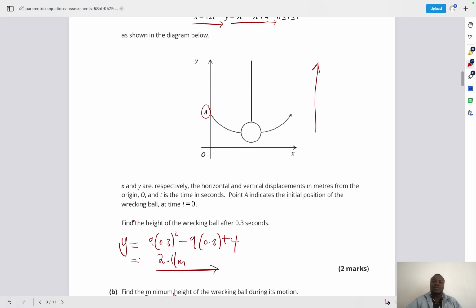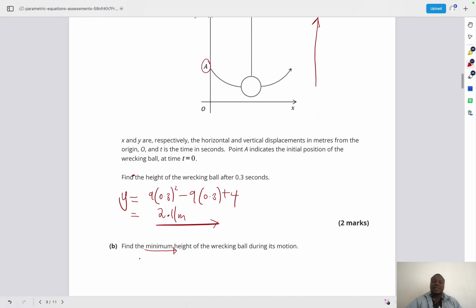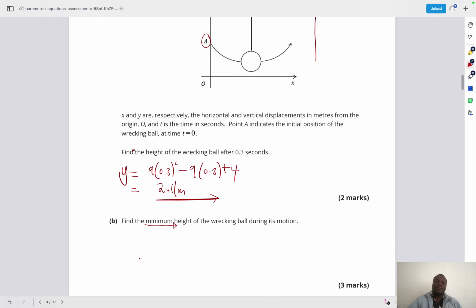So what I'm going to do now is to start working out b, but let me first copy the x equals 12t, because that's what we have, and y equals 9t squared minus 9t plus 4.